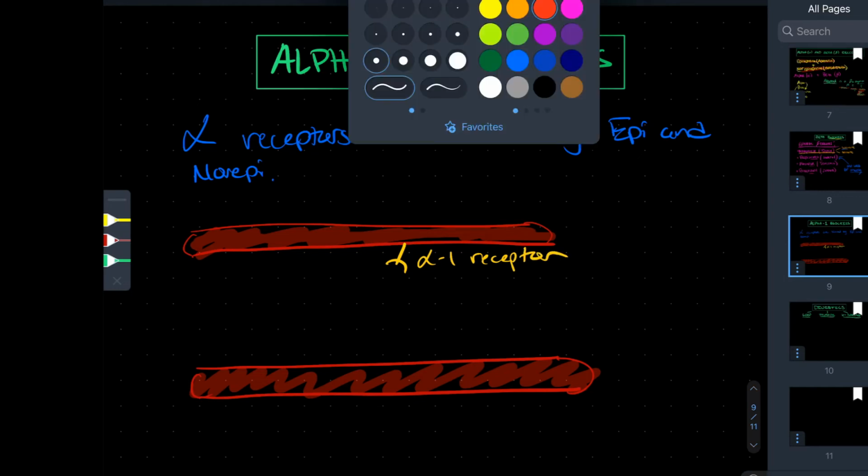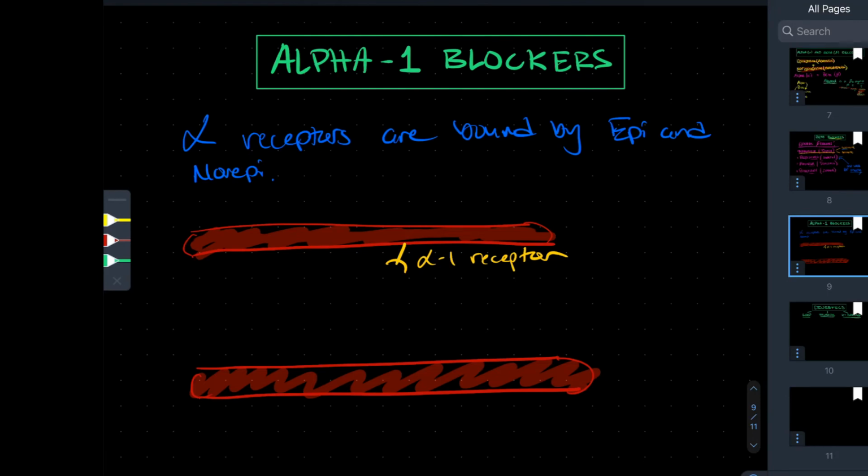And so once again, let's say that we have some epi here, and when it binds to this blood vessel's alpha-1 receptor, remember that alpha contracts or constricts.